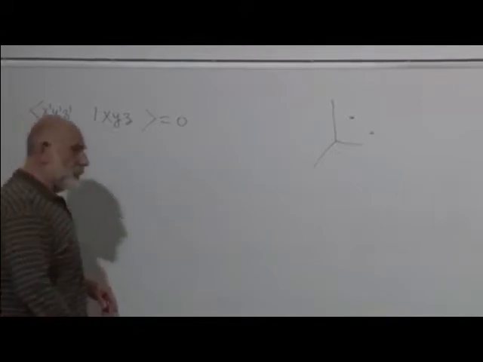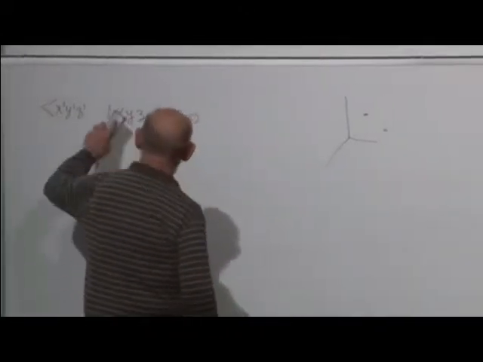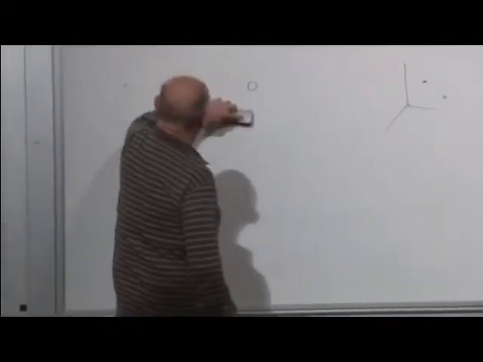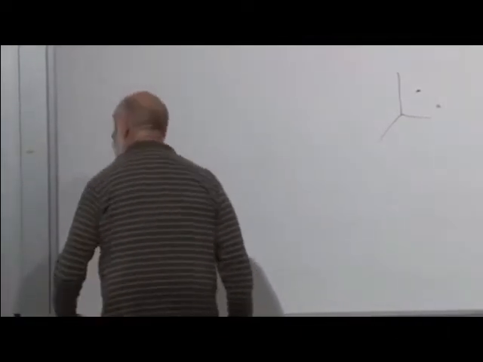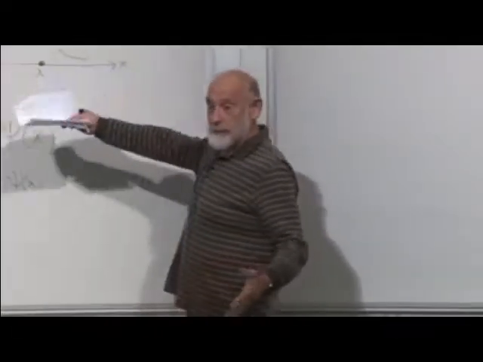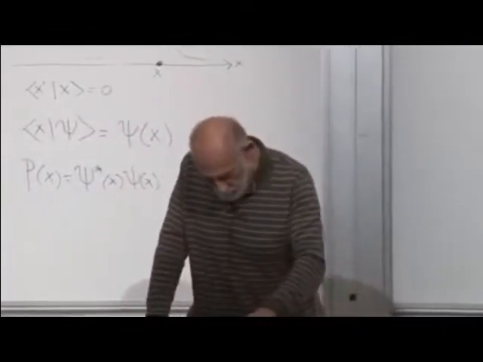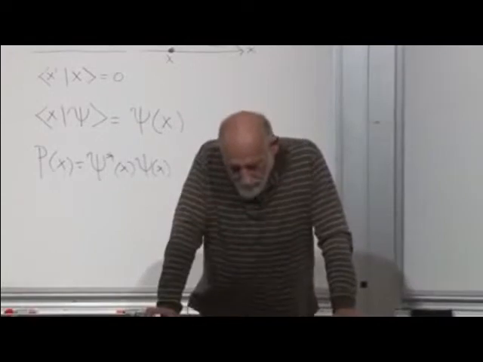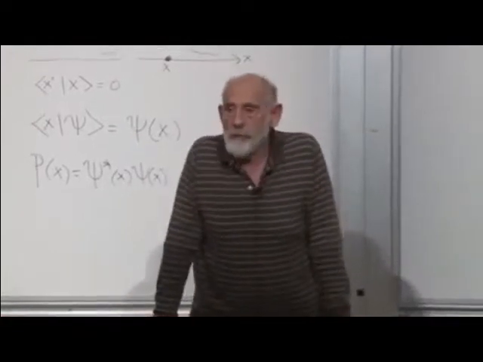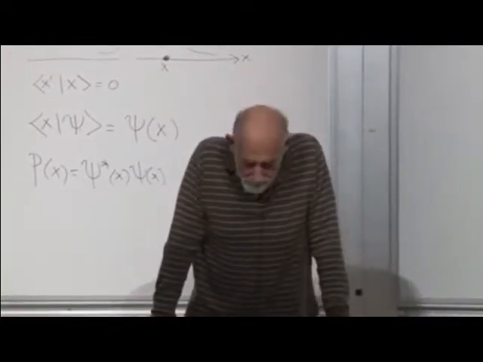I'm going to suppress the y and z, but keep in mind that the position of a particle depends on the dimensionality of the space that we're talking about, and in the real world, space is 3-dimensional. Okay, for each component of position, there is also a component of momentum.